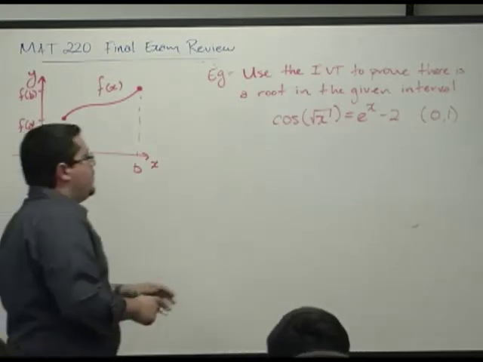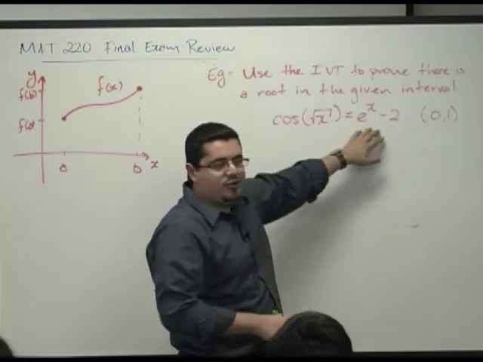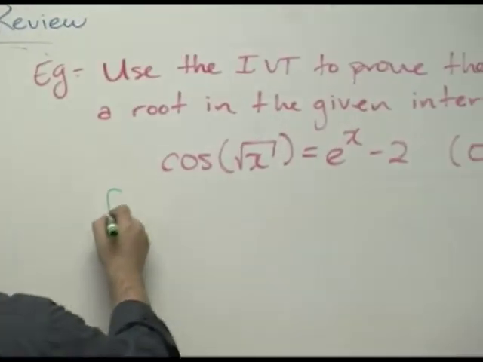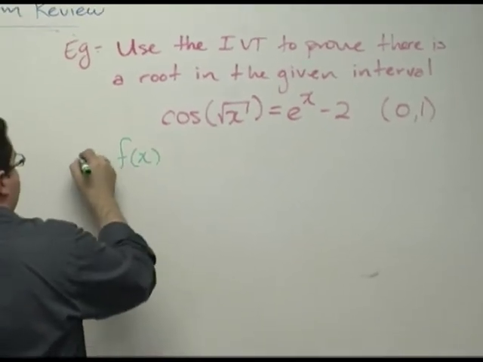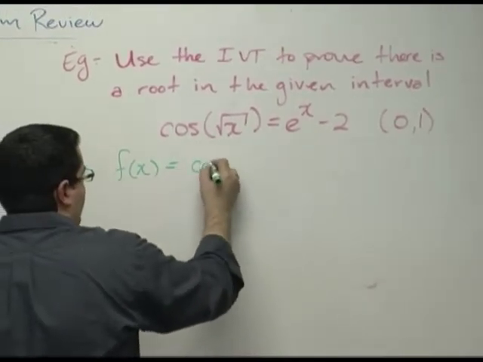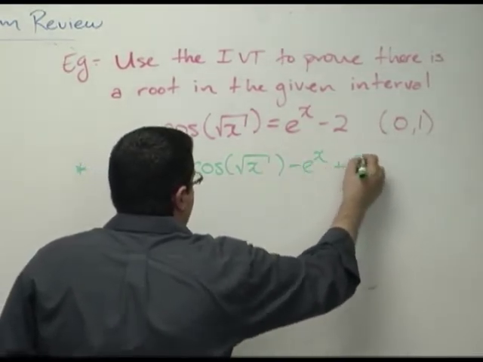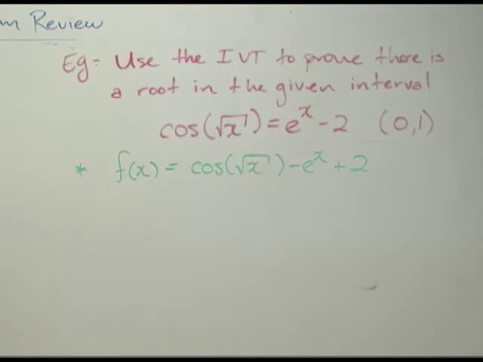Okay, well, proving that there is a solution to this equation will be equivalent to showing that there's a root for the function f of x is equal to cosine of the square root of x minus e to the x plus 2. Of course, we're keeping the interval the same. Now think about these functions. Cosine of the square root of x, e to the x. Are these functions continuous from 0 to 1?